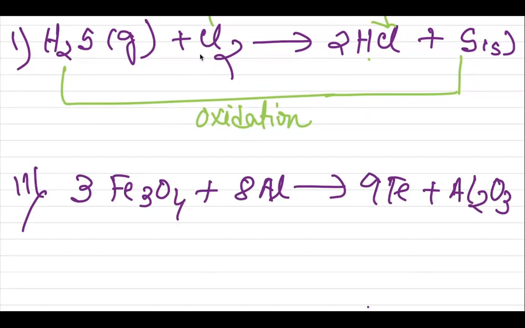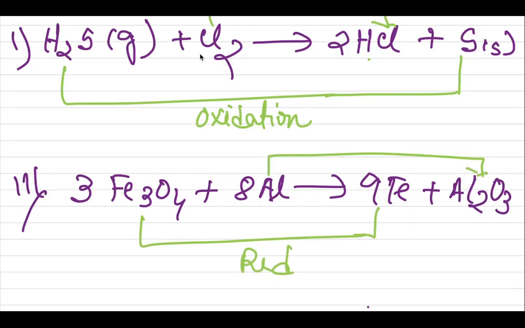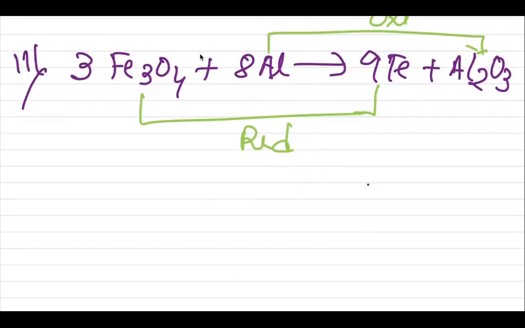Ma'am, from Fe3O4 to Fe, it is reduction. Fe3O4 to Fe means removal of oxygen, and removal of oxygen is reduction. Yes, very good. And from aluminium to Al2O3 will be oxidation. Very good.